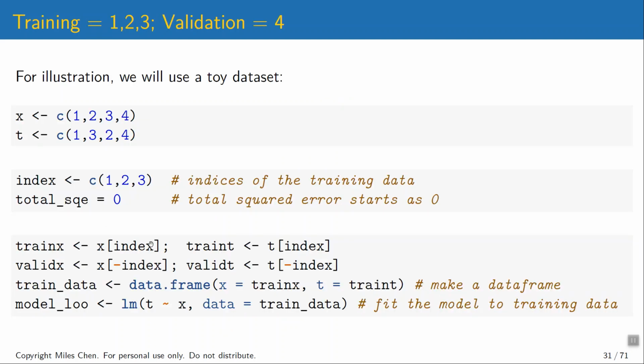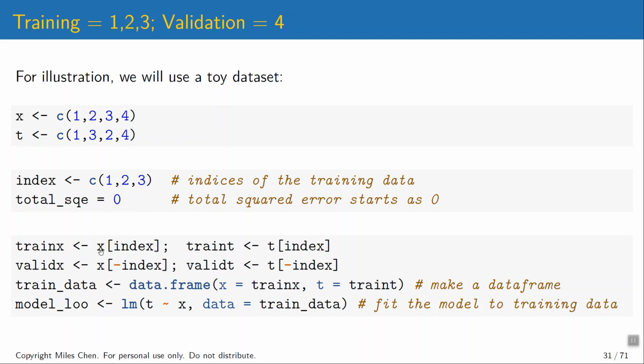But this is what it means to have the training and validation split. Here I set my index to 1, 2, 3, which means the validation will be observation 4. I initialize the total squared error, to keep track of how this model performs, to 0.